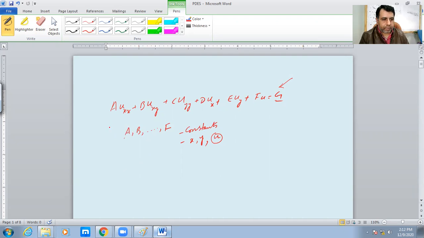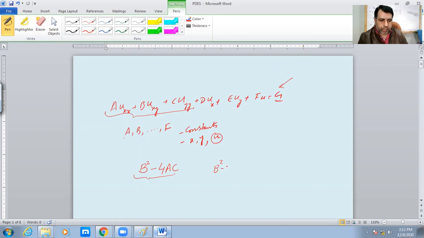So to classify this partial differential equation into the categories, we compute the discriminant, that is b square minus 4ac. This discriminant decides the class of the partial differential equation.